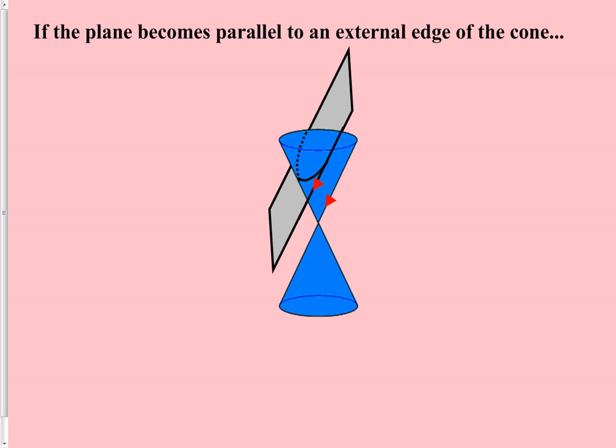So if our plane passes through our double napped cone parallel to one of the external edges of the cone, obviously it's only going to hit one end of the double napped cone. If we extract that cross section from the figure, then what we have is this guy.